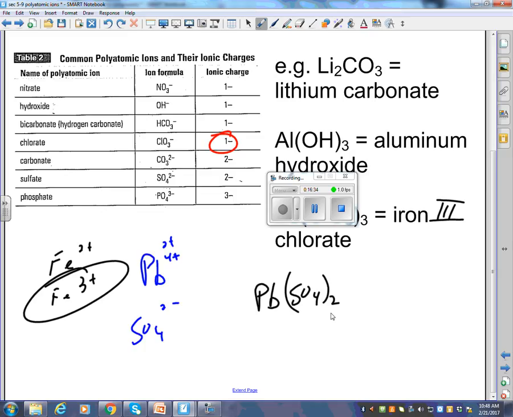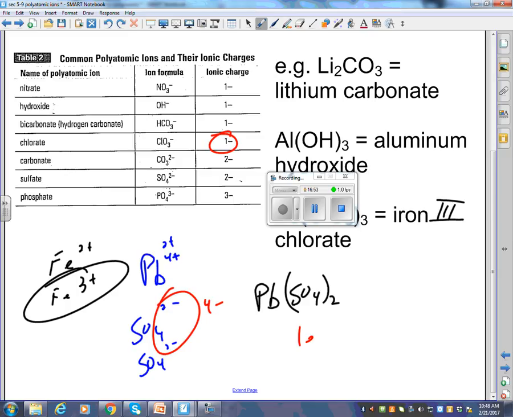So I've got SO4, SO4, 2 negative, 2 negative. So I've got a total of 4 negatives. So I have to have 4 positives. How many Pbs do I have? I just have 1. So to have 4 positive, it's going to have to be lead 4.